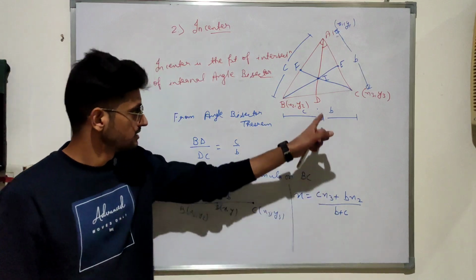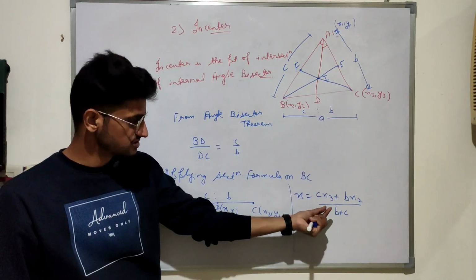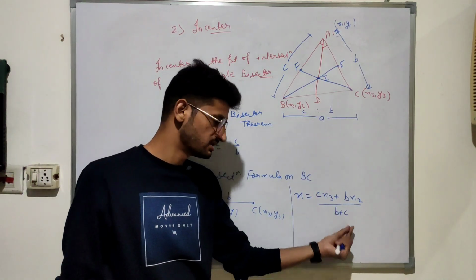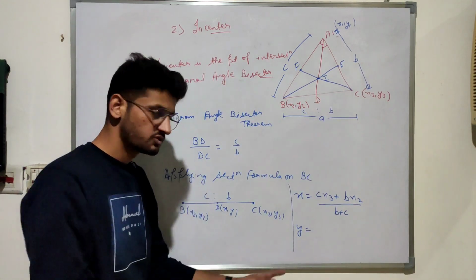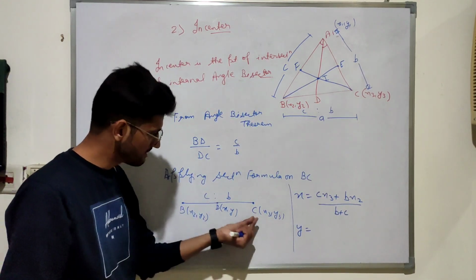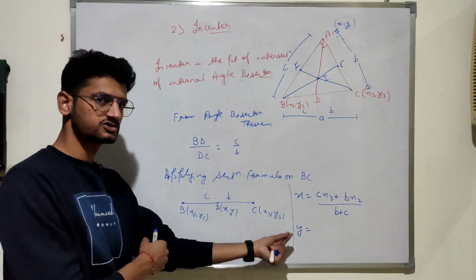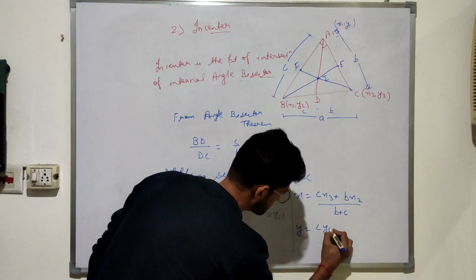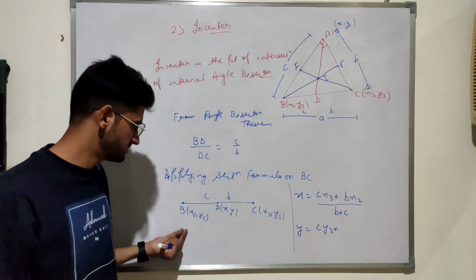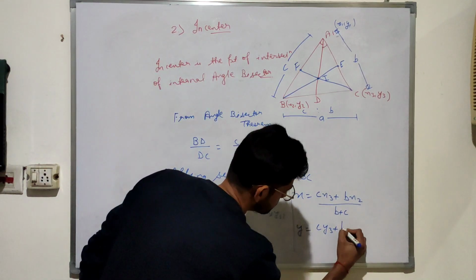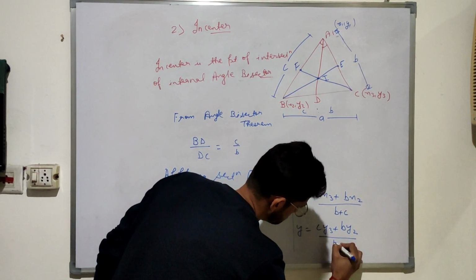Similarly, the y coordinate of point D is c into y3 plus b into y2, divided by b plus c.